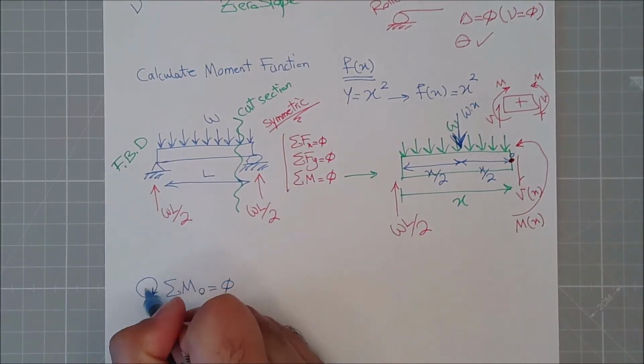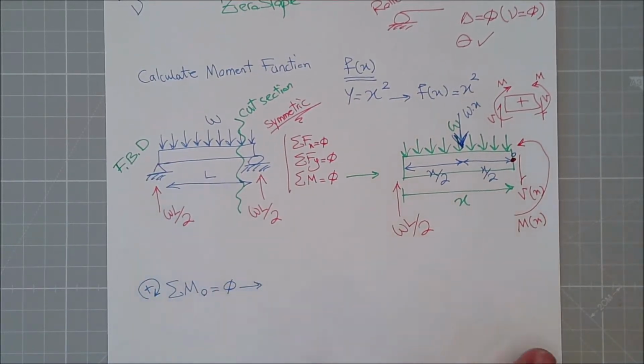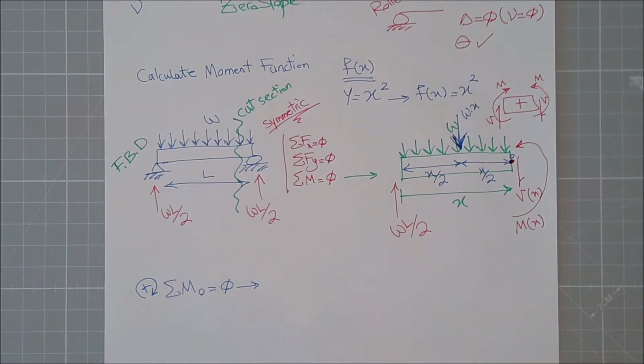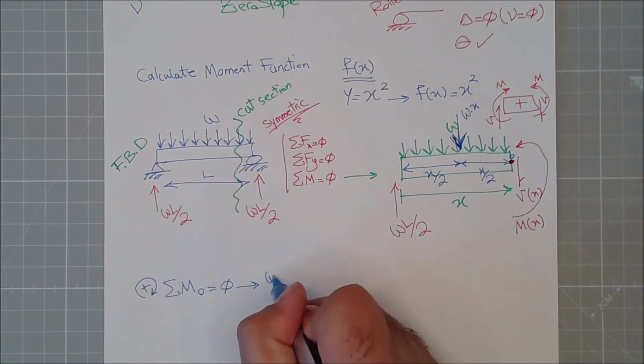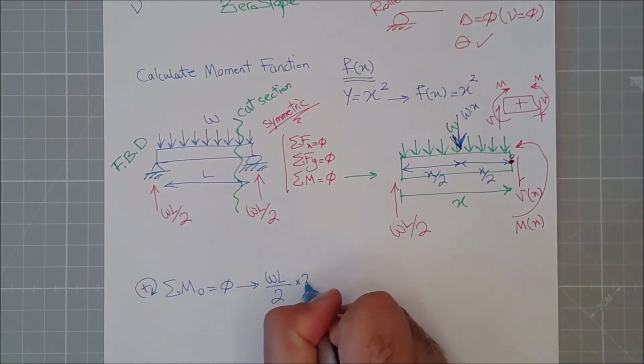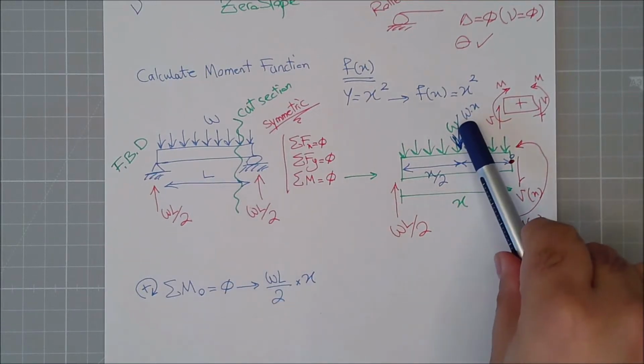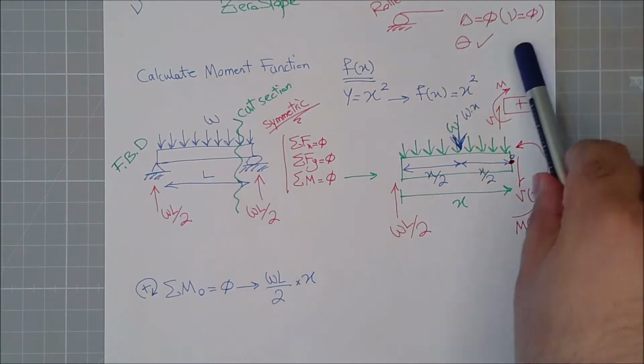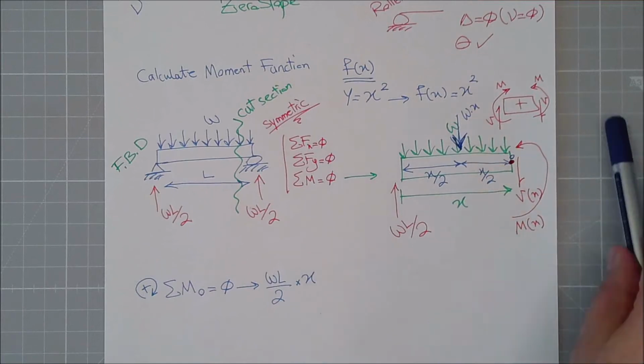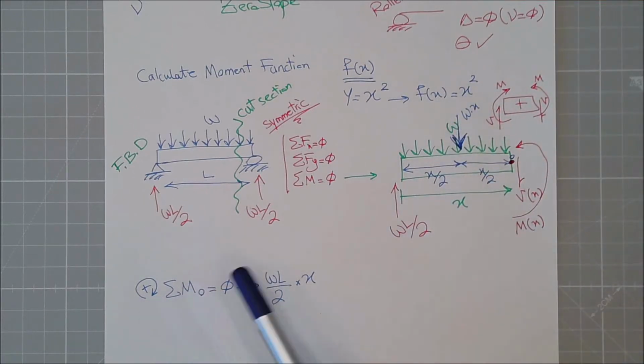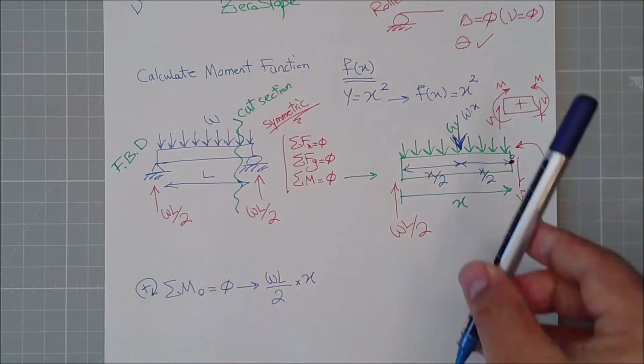I'm considering this direction as positive. So how does it end up? This going around O is positive, so WL divided by 2 times X. This arrow going around O will be negative. It's against the direction that I considered positive, you see.